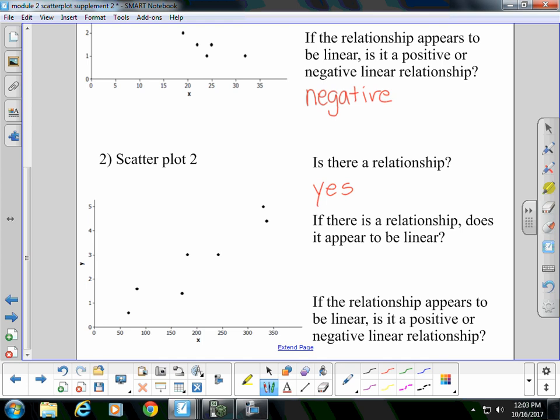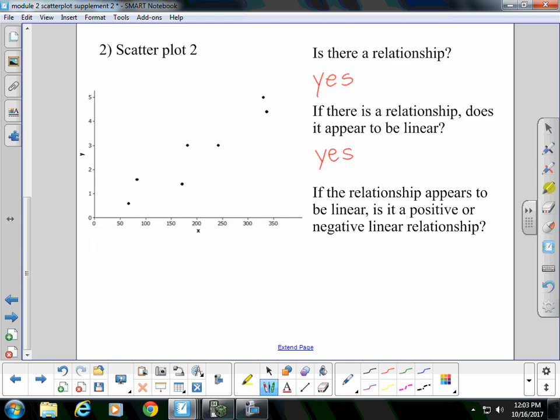Does it appear to be linear? The answer would be yes. You'll know when that's not linear when we get to one. And does it appear to be positive or negative? This would be one that's positive. Positive means that looking at it from left to right, the points are going upward.